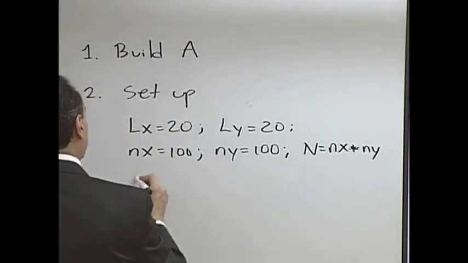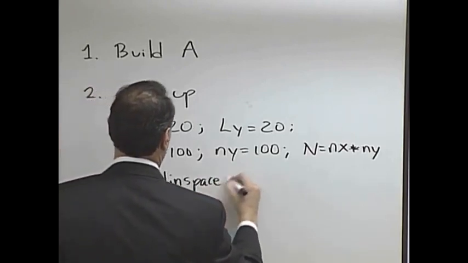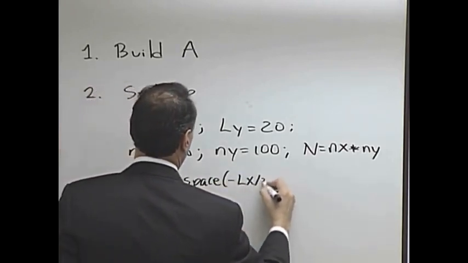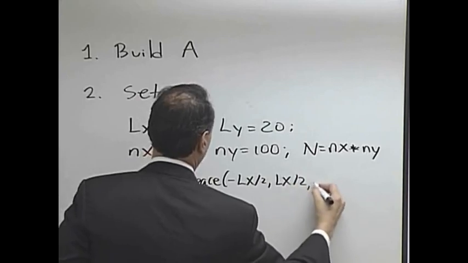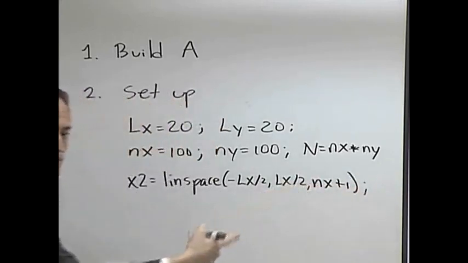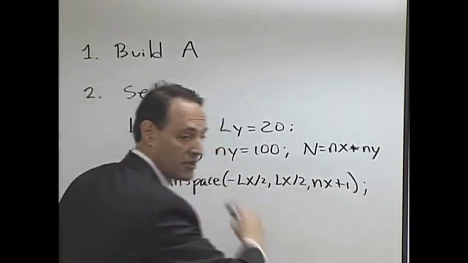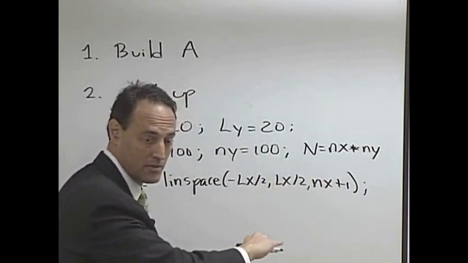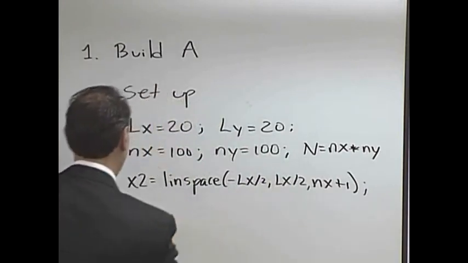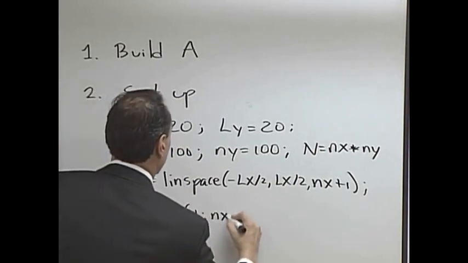So let's define our x2, which will be a linear space that goes from negative Lx over 2 to Lx over 2 in nx plus 1 points. Remember, part of the reason we go to nx plus 1 is because the last point's going to be the same as the first. And so the x we actually want to work with is just the first 1 through nx points.